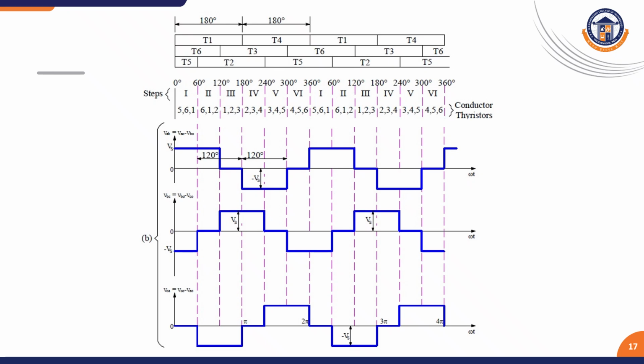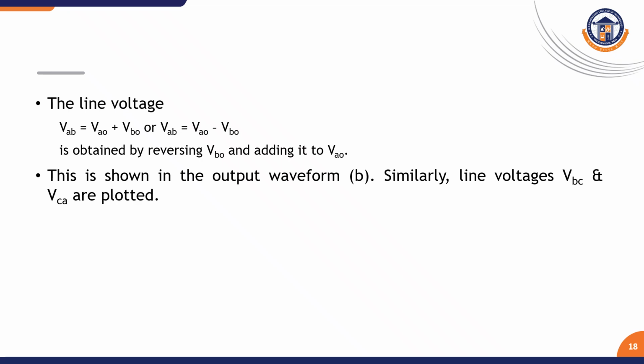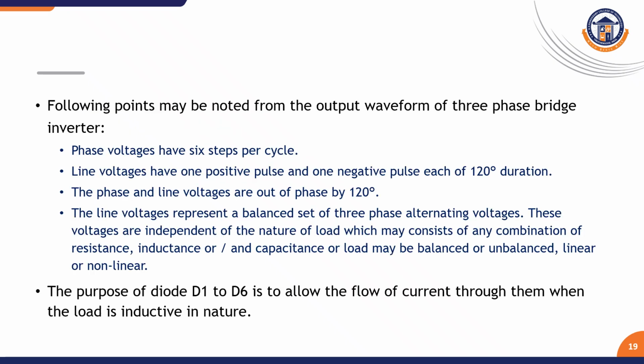You can see the consecutive waveforms which are produced for each and every interval. So the line voltage can be obtained as VAB, which is nothing but VA0 minus VB0. Here we get the line voltage with the help of phase voltages. Similarly for the other line voltages, VBC and VCA also.